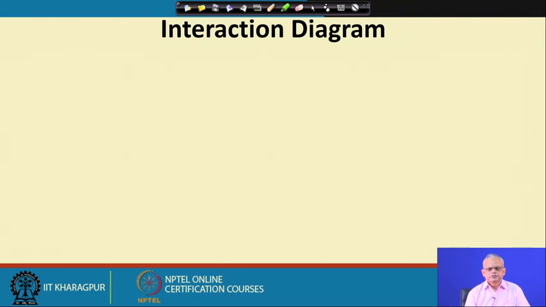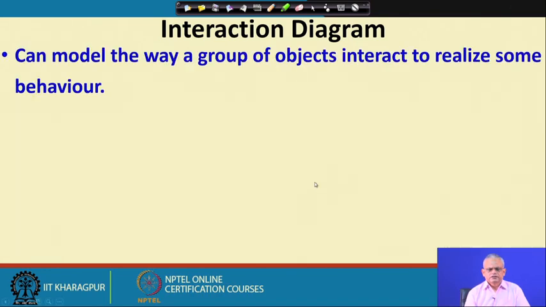Now, let us look at some behavioral view of a system, and we will look at the interaction diagram. The interaction diagrams can model the way the objects interact during the run of the system to realize some behavior.